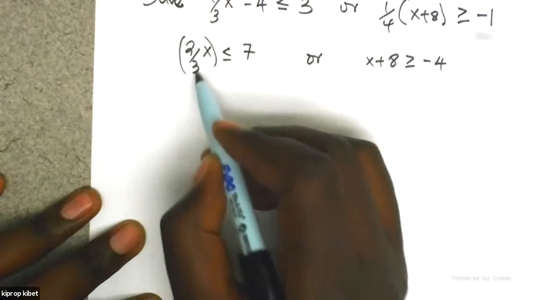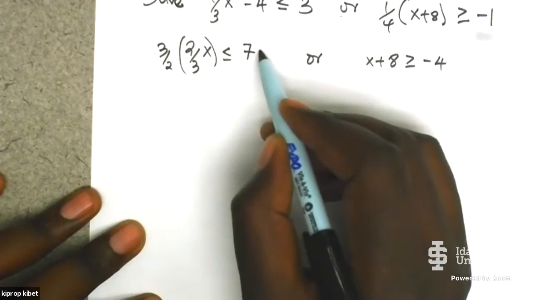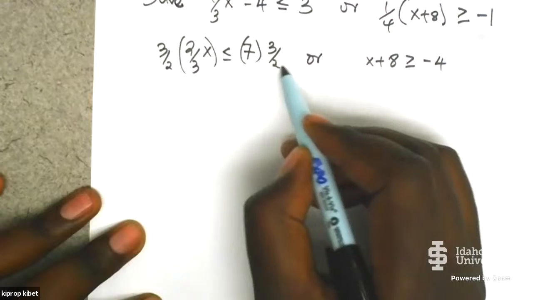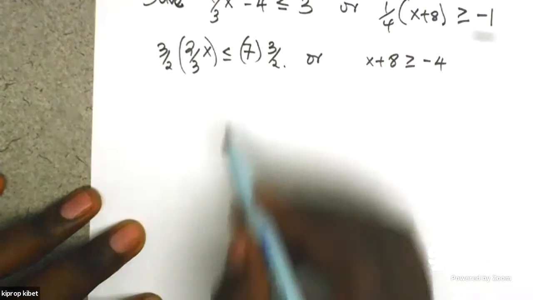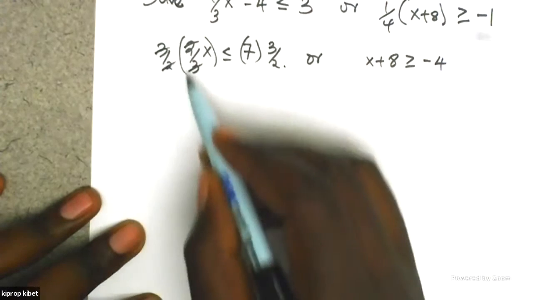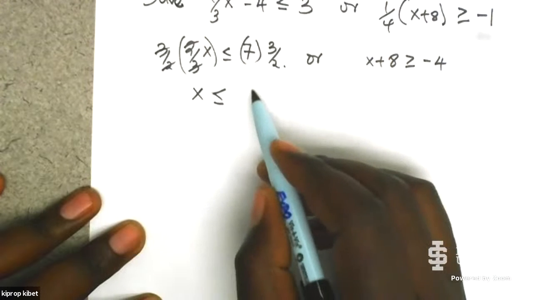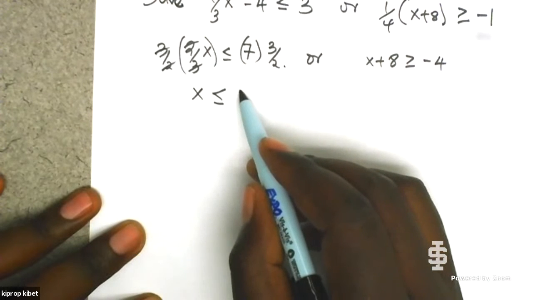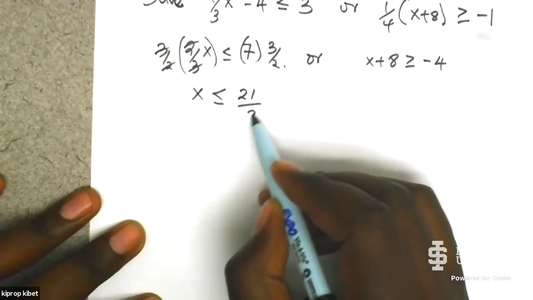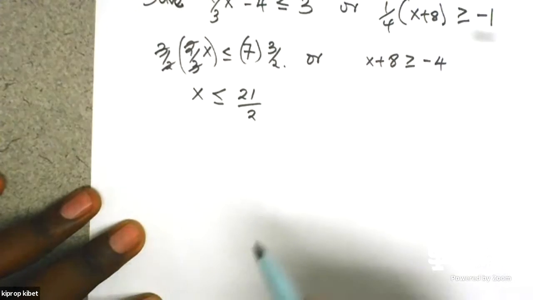So we multiply this one by 3 over 2, and this one by 3 over 2. So that and that will cancel. So our x is less or equals to 21 over 2.